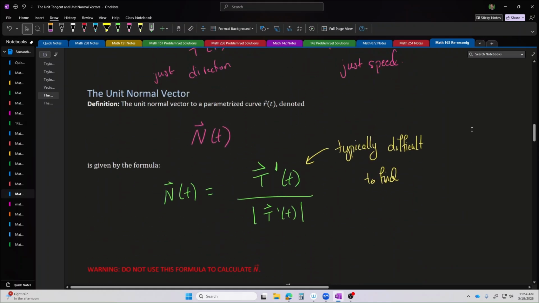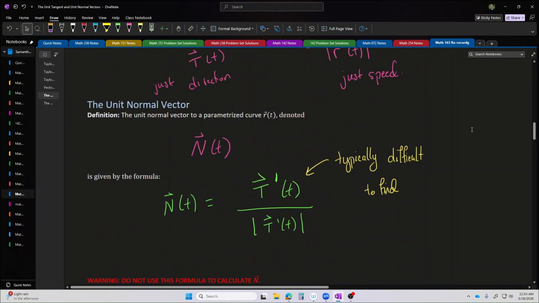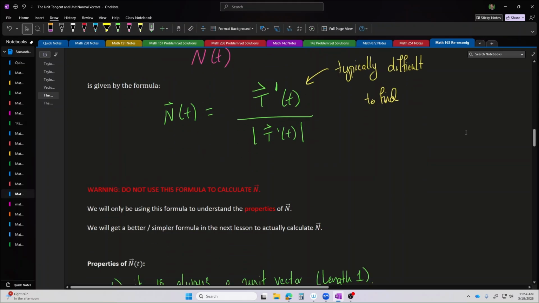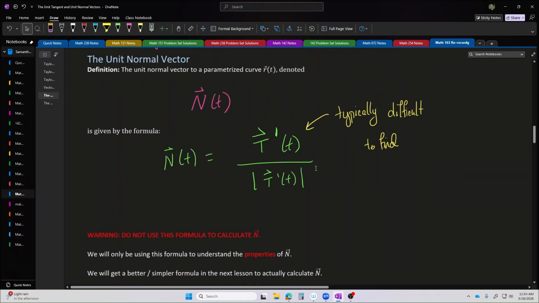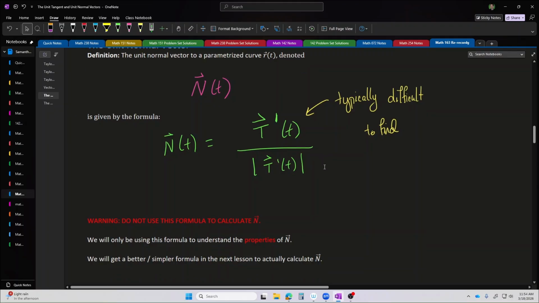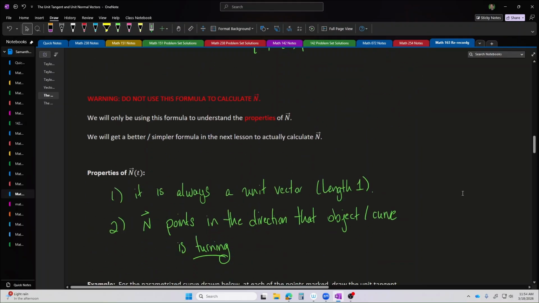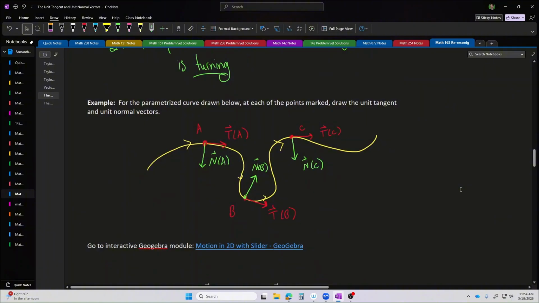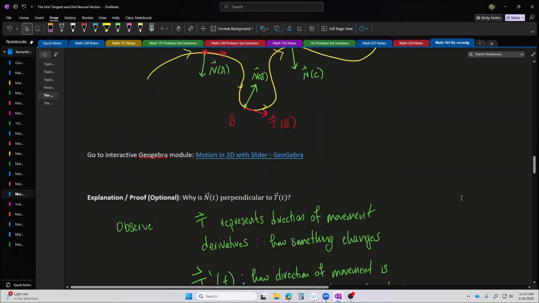We also introduced the unit normal vector, which is defined by the formula t prime divided by its length, but we don't want to use this formula to actually calculate n. We'll learn how to calculate n in the next lesson. In this lesson, we focused on this formula and what it told us about the properties of n, namely that it points in the direction the object is turning, and specifically it is perpendicular to the unit tangent vector at every moment.